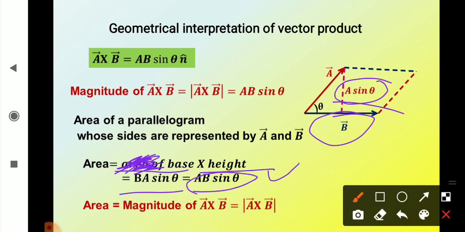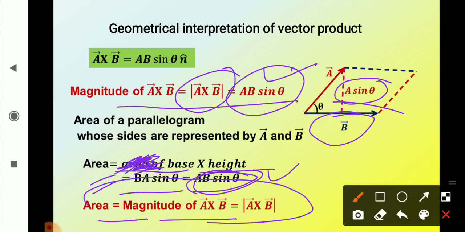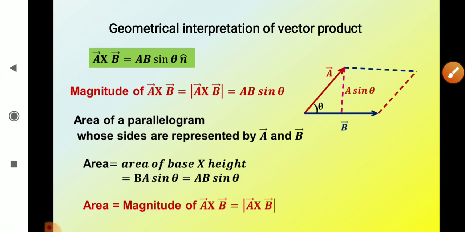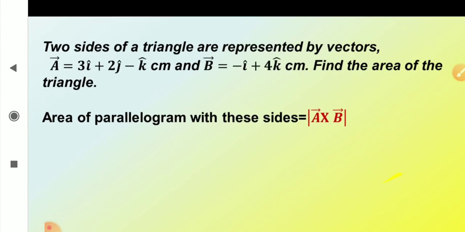And you can compare it with this magnitude. Just look at it: AB sin theta here, AB sin theta here. That means area of parallelogram is equal to magnitude of A cross B. So if you know two vectors which represent two sides of a parallelogram, we can find out the area of the parallelogram. And here comes a numerical problem.